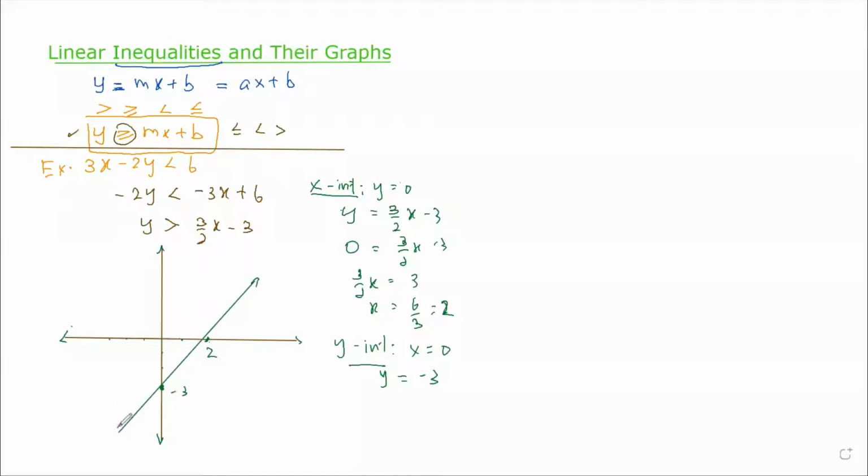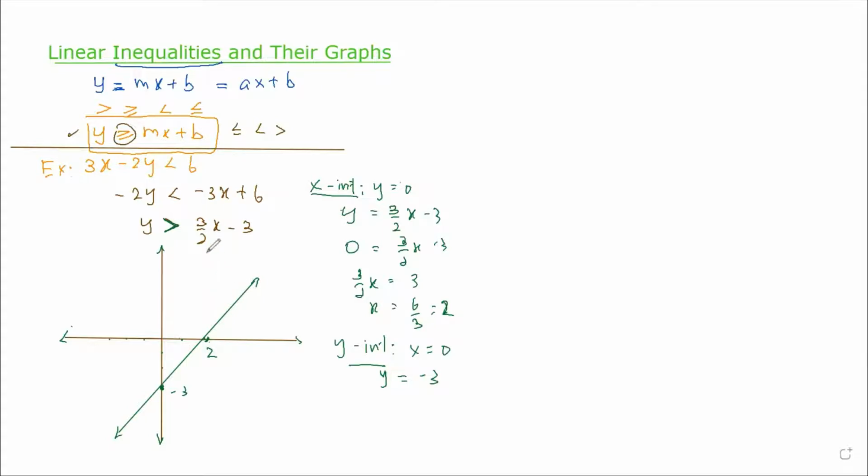So after this, I want to check which part we have to find the shaded area. In this case, when I go back to this one, this is a greater than, right? Because I moved into this pattern already, I have this side greater than.